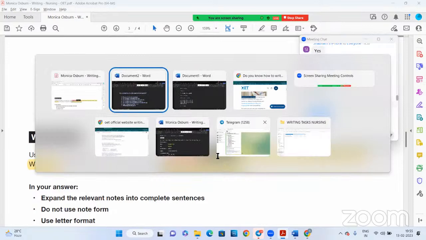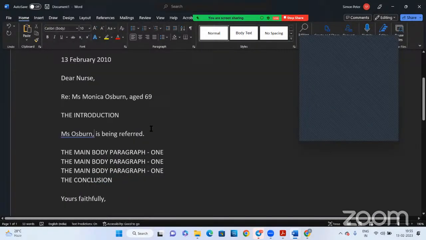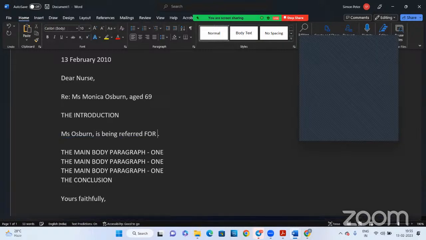So here, Miss Osborn is being referred for what? For ongoing care or continuing care. So ongoing care and appropriate management.